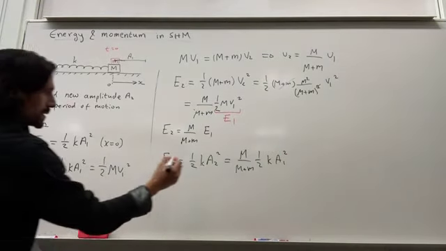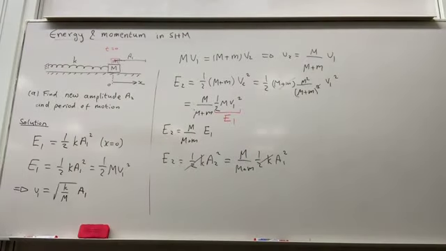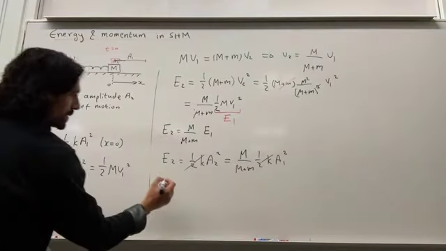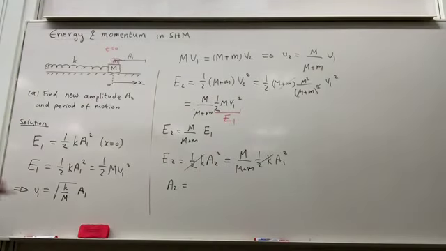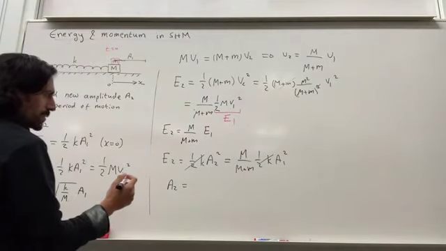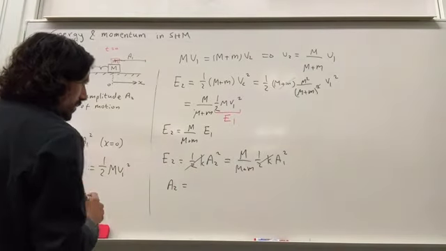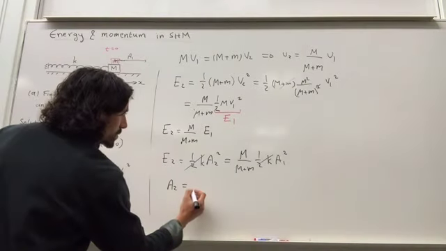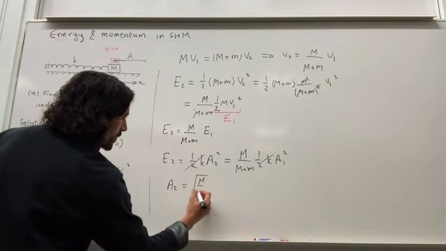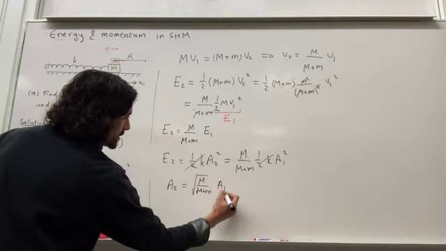Okay, we lose the half k here and the half k there, and we find that A2, the amplitude that we wanted to find after the collision, the maximum position from the relaxed length, is the square root of M over M plus m times A1.